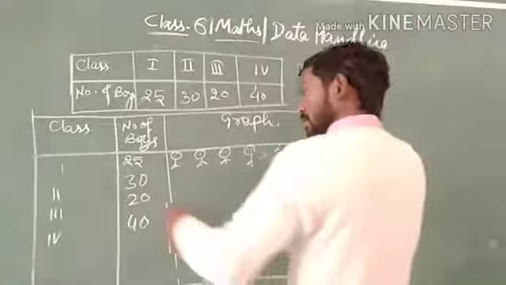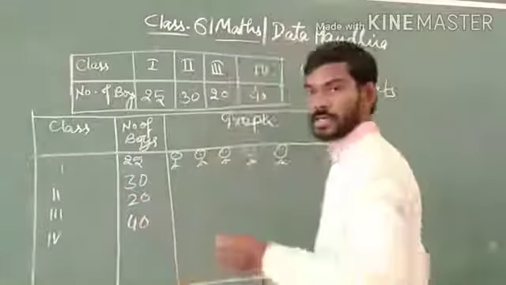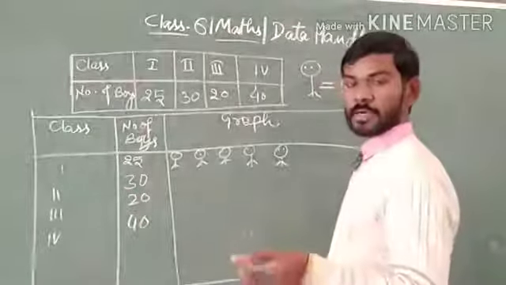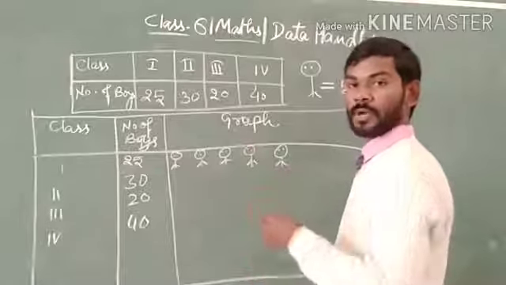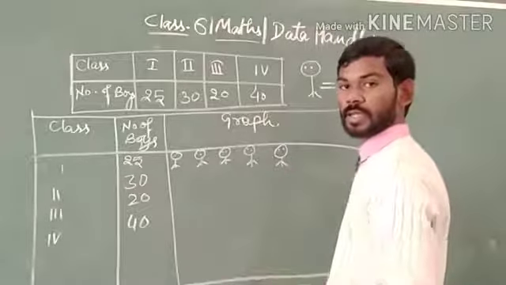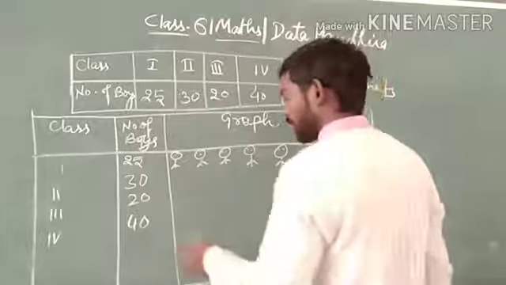Next, in class second, the number of students is 30. That means we need only 6 figures to represent 30 students in class second.